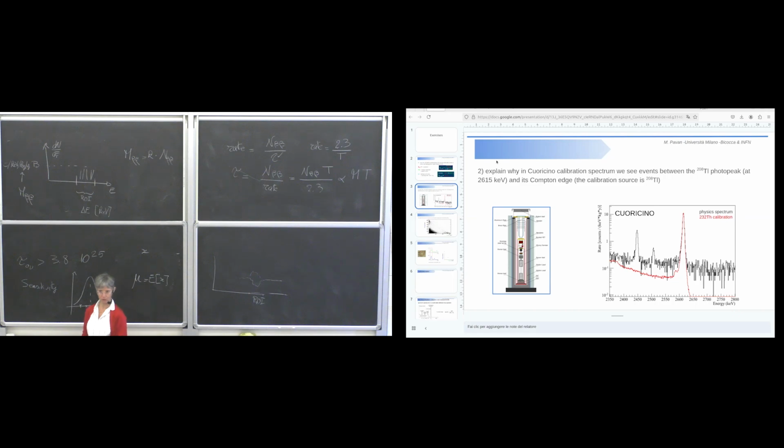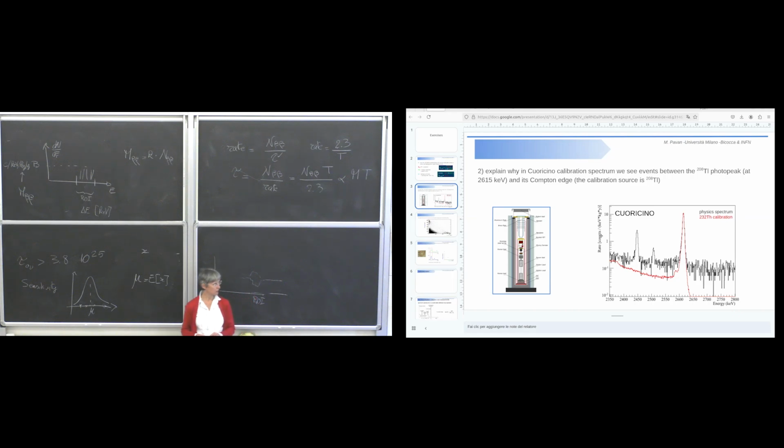You remember this plot from this morning? The black histogram is the physics spectrum, and this vertical scale refers to the counting rate of the physics spectrum.